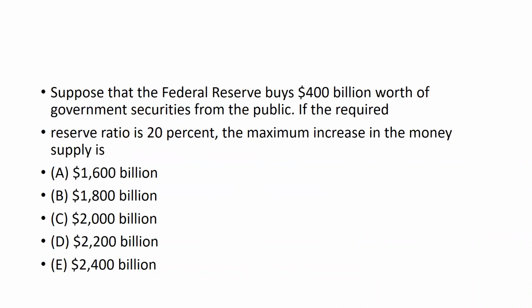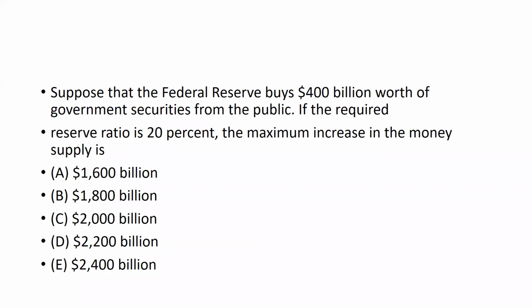All right. Suppose the Fed buys $400 billion worth of government securities from the public. If the required reserve ratio is 20%, the maximum increase in the money supply, boom, I'm thinking money multiplier. All right. Fed buys, that means there's going to be an increase. So I'm looking for an increase, I know I'm going to have to use my money multiplier.